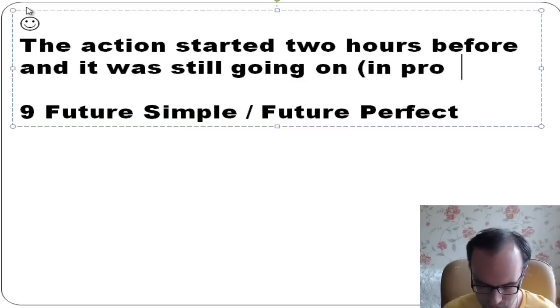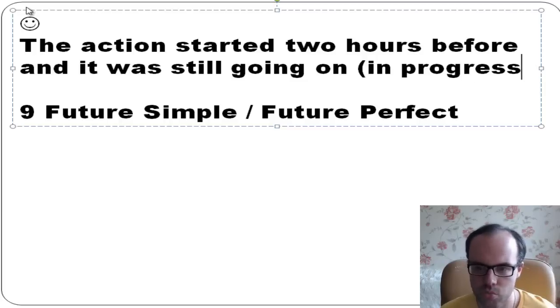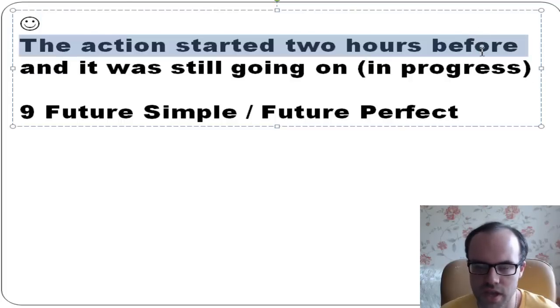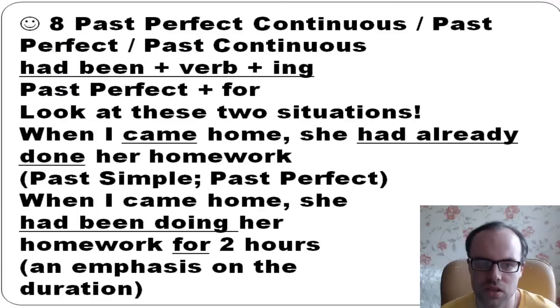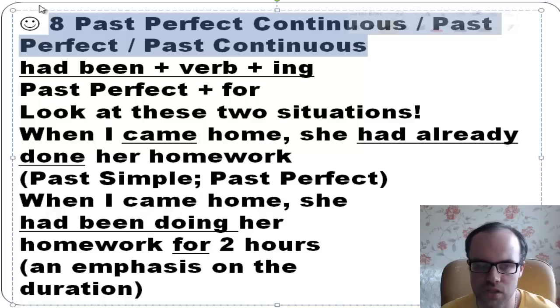So the action started 2 hours before, and it was still in progress. So it's a very important thing, and we use it in this context. You see, past perfect continuous.